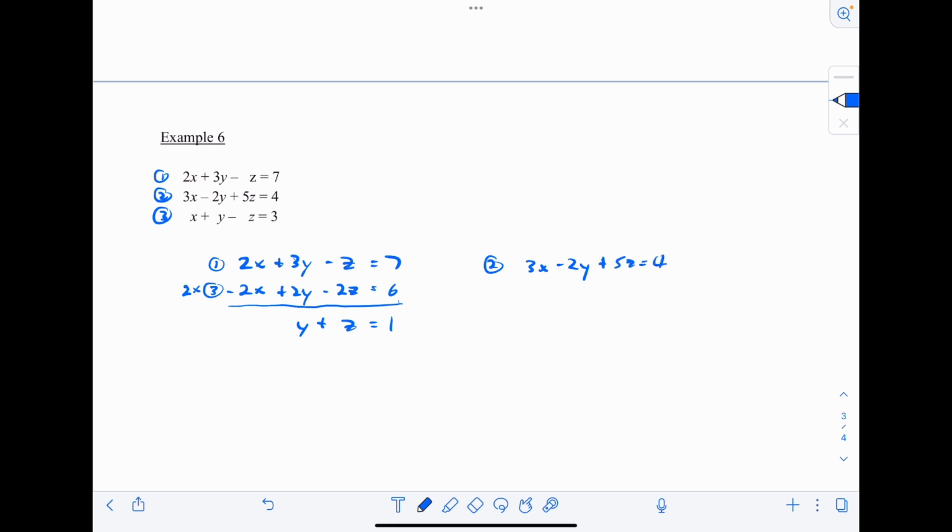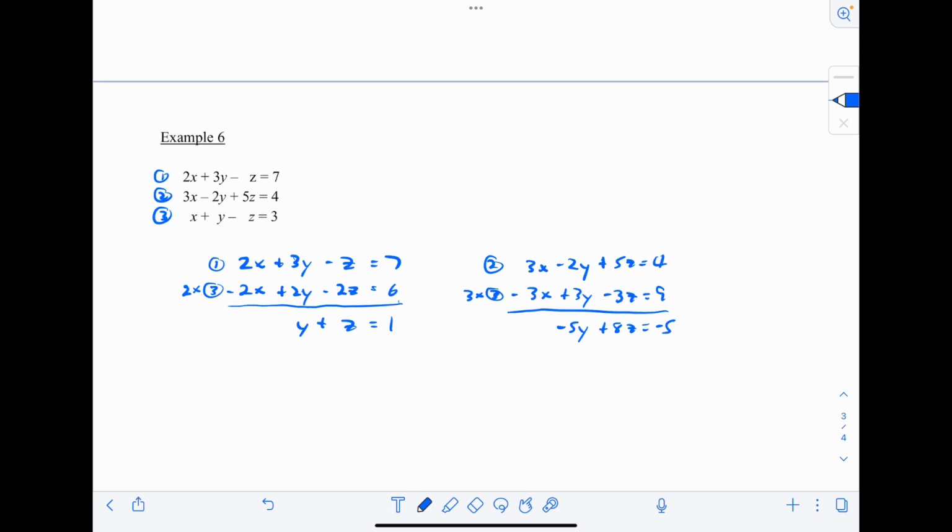And then I'm going to take number 3 and multiply that by 3, which is going to be 3x plus 3y minus 3z equals 9. And again, subtracting, the x's cancel out. We get negative 5y plus 8z equals negative 5. So in and of themselves, these equations don't do me any good.